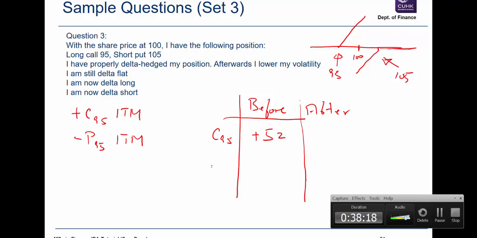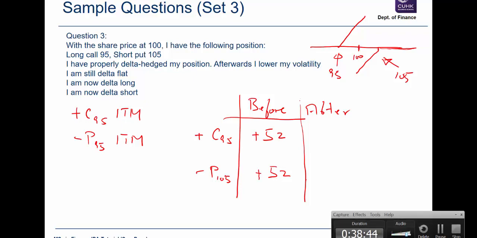And there is a put. So you're long a call and you are short a put. Now the put delta would be somewhere around 52 as well, because it's $5 either side. But because you are short the put, you are also long delta here. So what happens now?